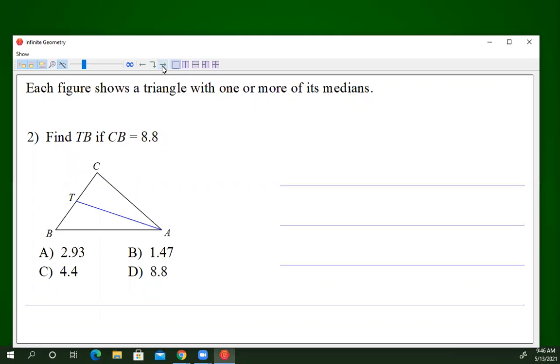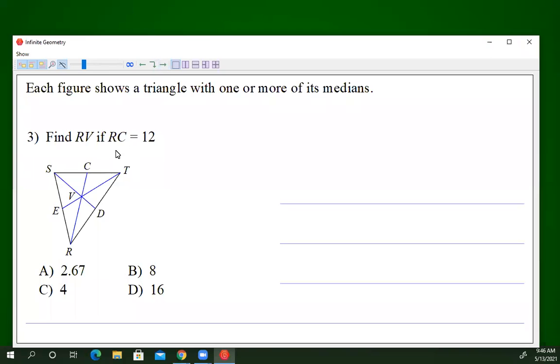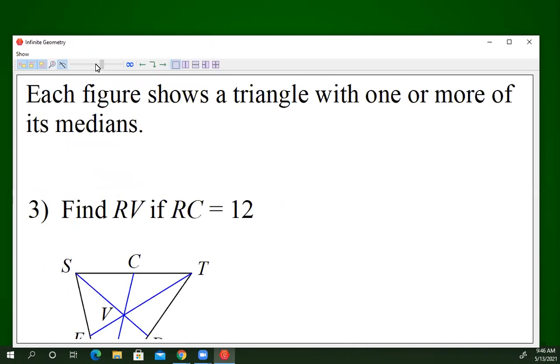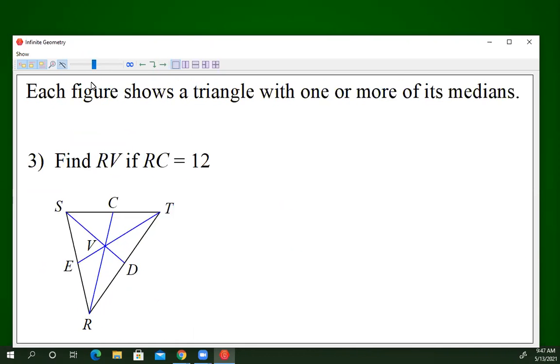And then we got more complicated with medians when we started drawing multiple medians in one triangle, because then you had this fancy point called the centroid. Let me just reiterate what's going on with the centroid. The centroid breaks each median into two pieces.